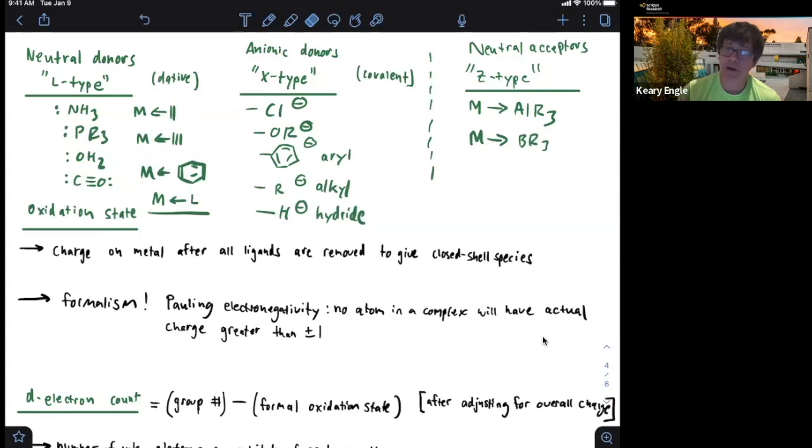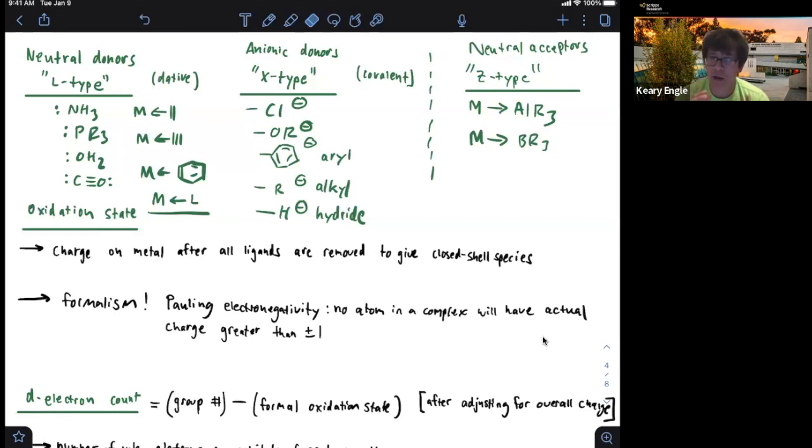Now there's a more exotic flavor of bonding that metals can also engage in, which are called Z-type ligands, or bonding to Z-type ligands. And these are bonds where a filled d orbital on a metal coordinates to this ligand, which is typically a Lewis acid. So I've shown examples here of coordination to trialkyl aluminum, or coordination to tricoordinate boron.